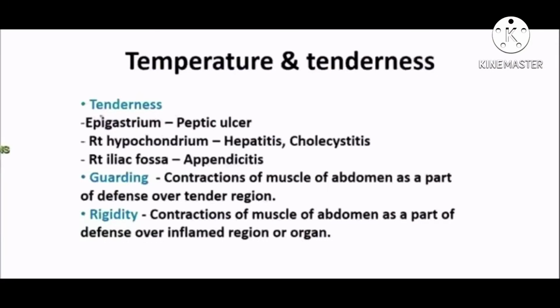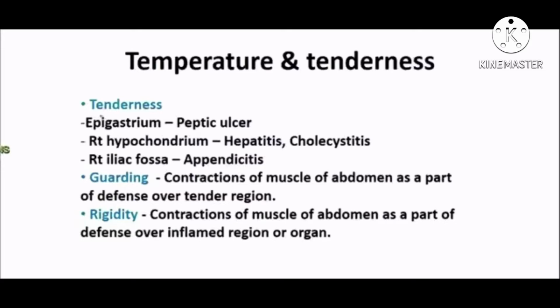And tenderness means pain on touch. If tenderness is felt in the epigastrium, then it is peptic ulcer. If it is felt in the right hypochondrium, hepatitis or cholecystitis. If it is felt in the right iliac fossa, then it is appendicitis.